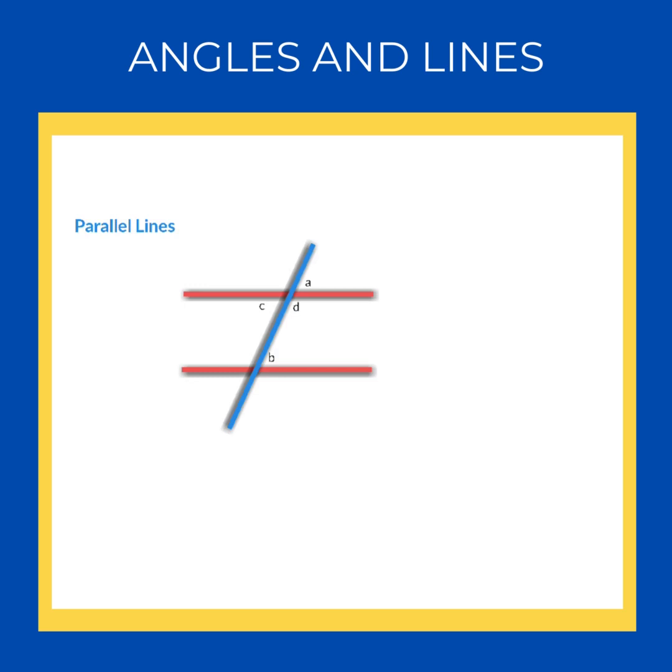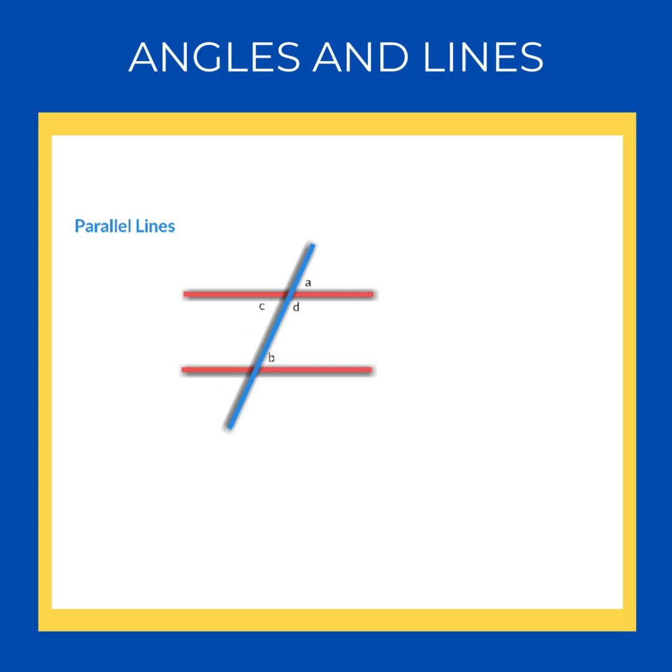Now the last fundamental result, which is about parallel lines. So parallel lines are lines that travel in the same direction, but they never meet or intersect. Now the blue line here is called a transversal line because this line intersects these two red parallel lines.